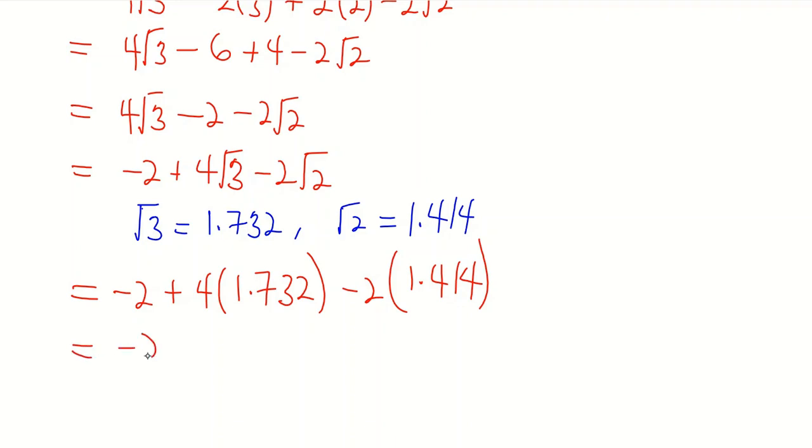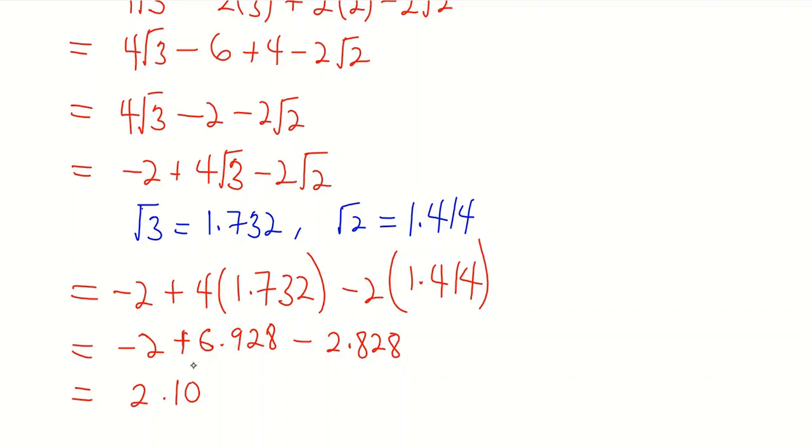So you have minus 2, and at this point multiply 4 by 1.732. We are going to have 6.928. Have 6.928, and we have minus, so when 2 multiplies 1.414, we have 2.828. Now when we add these numbers, then we are going to have our final answer as 2.10, and this becomes our solution.